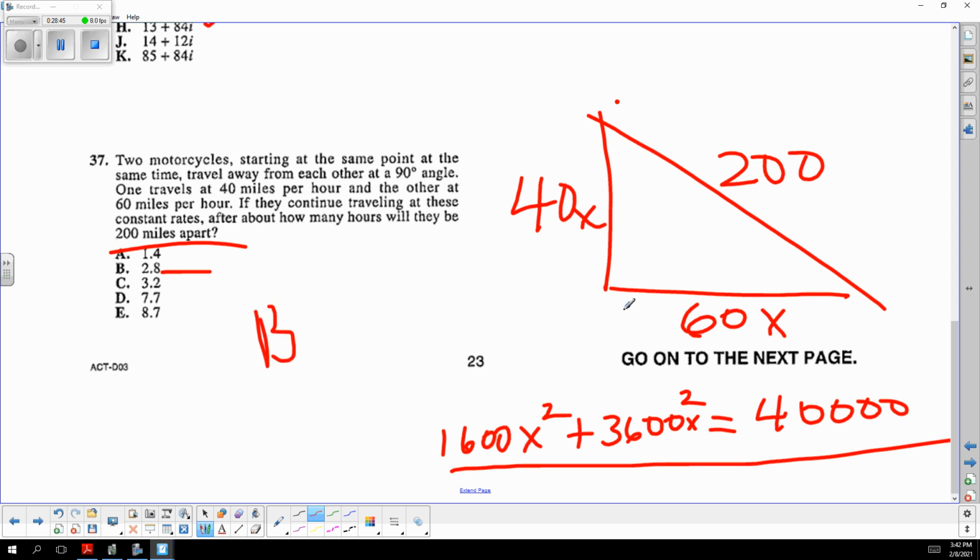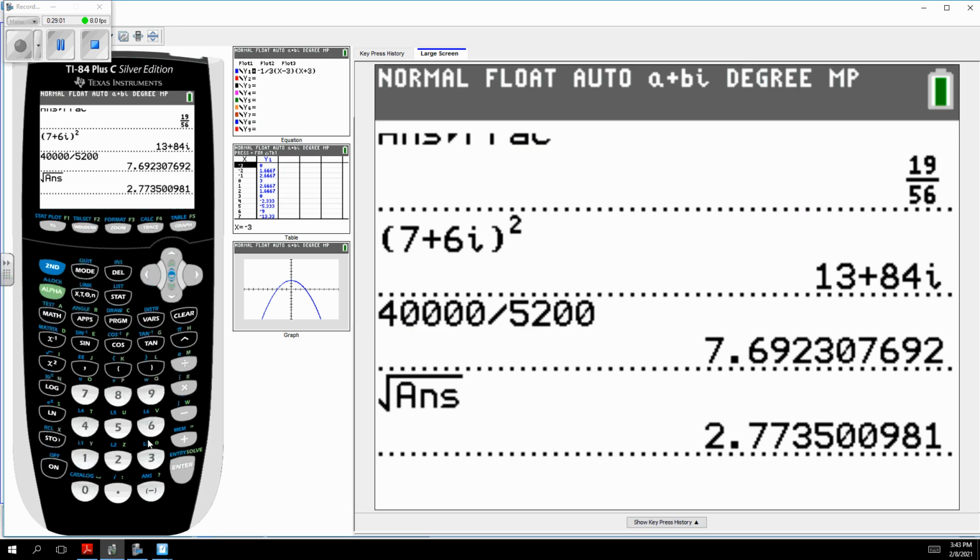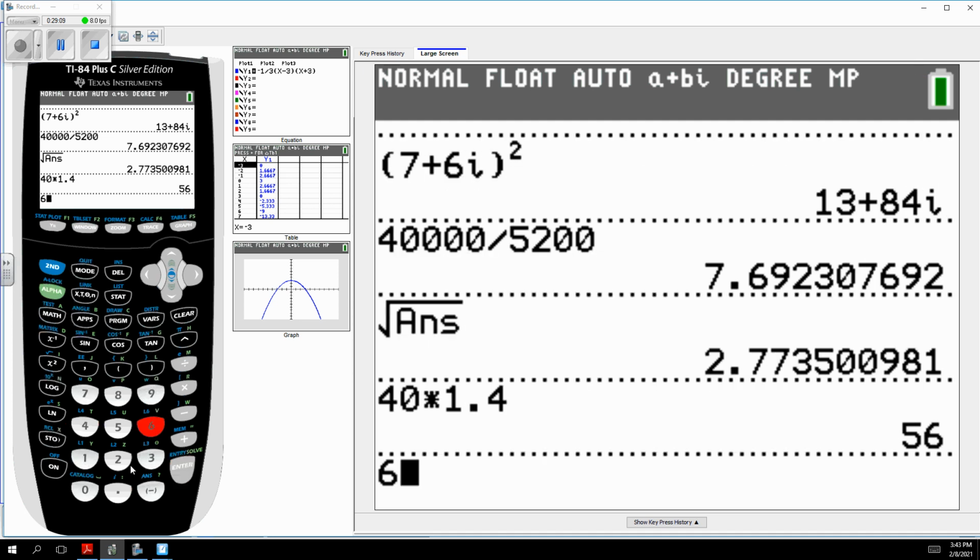All right. What else could you have done? I'm not sure. You could have plugged and chugged. You could have tried 1.4 and said, all right, x is 1.4. So 40 times 1.4 would have been that. 60 times 1.4 would have been that.